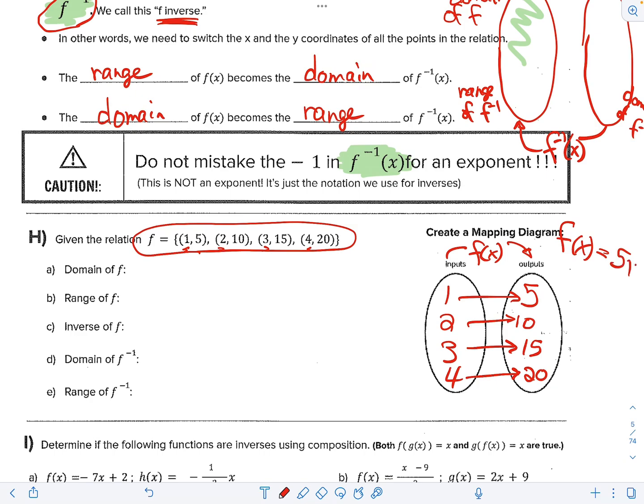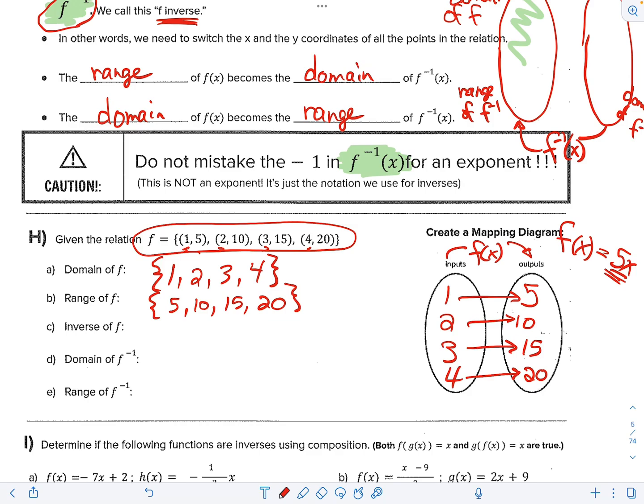It is the quintupling machine. The domain of f, when we write just discrete numbers, can use curly brackets, a different type of set notation, not an interval. So we write 1, 2, 3, and 4 as the numbers in the domain of f, and they are sent over to the range of f, which is 5, 10, 15, and 20.